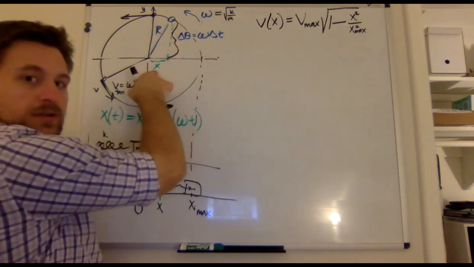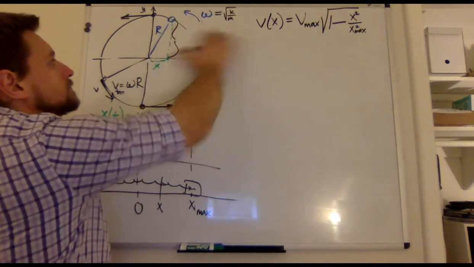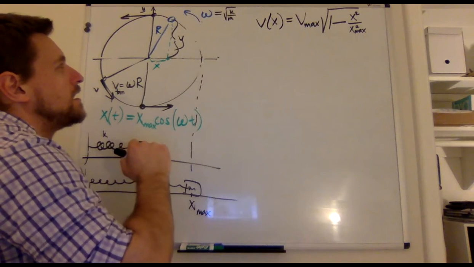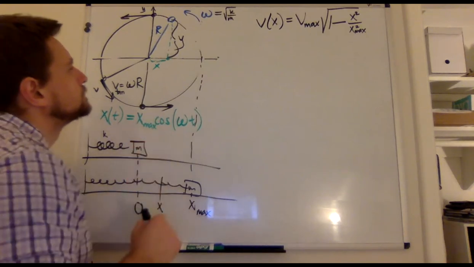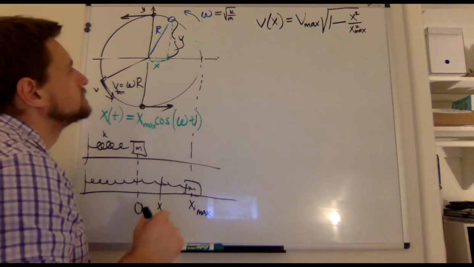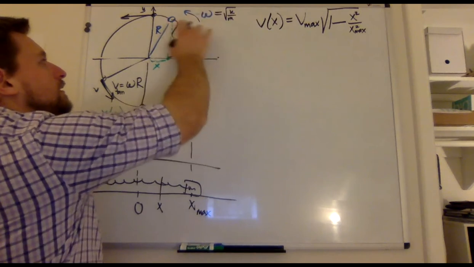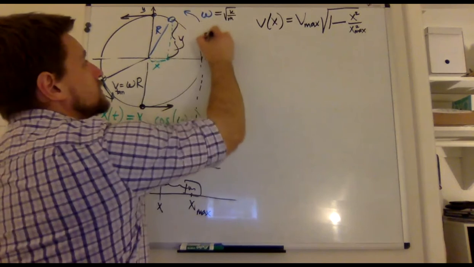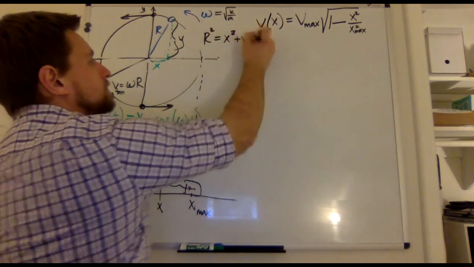This is the x coordinate, and then this is the y coordinate. And the y coordinate here, according to the Pythagorean theorem, r squared equals x squared plus y squared.